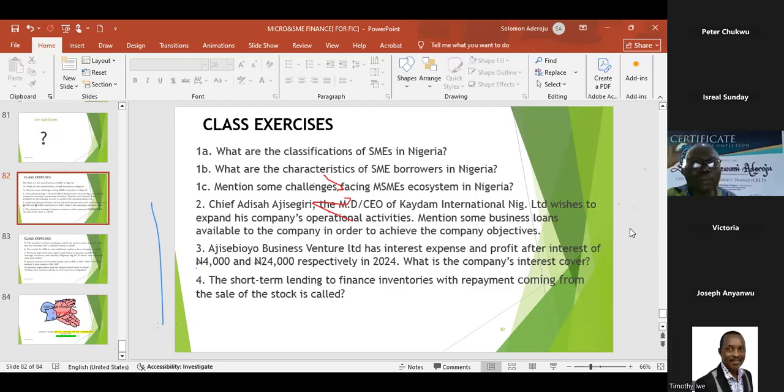Please, sir, the question again. Ajisebi Oyo venture has interest expense and profit after interest of 4,000 and 24,000 respectively. That means the interest expense is 4,000, and the profit after interest is 24,000. What is the company interest cover?